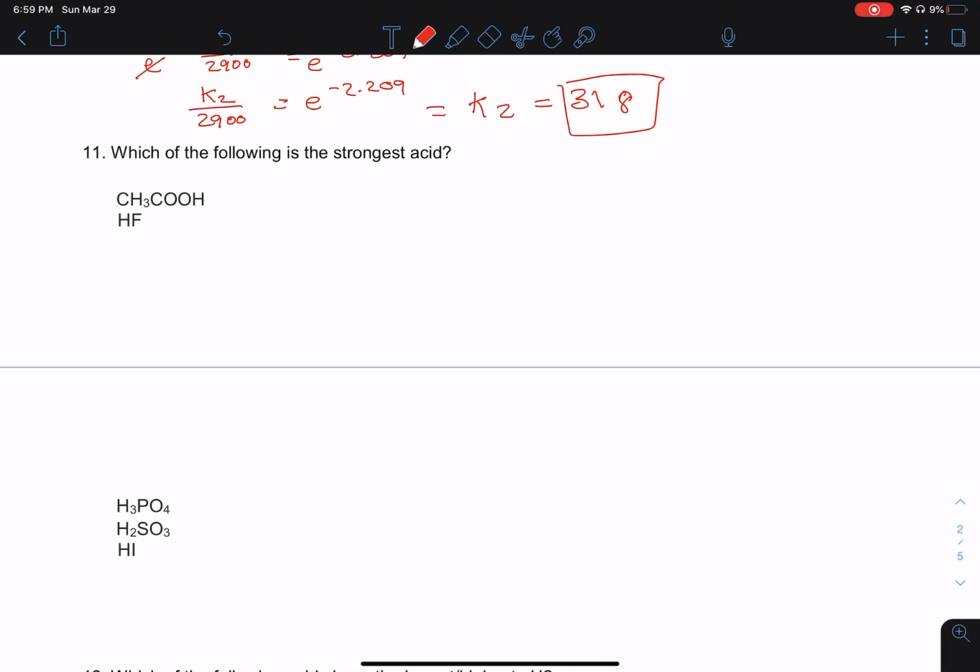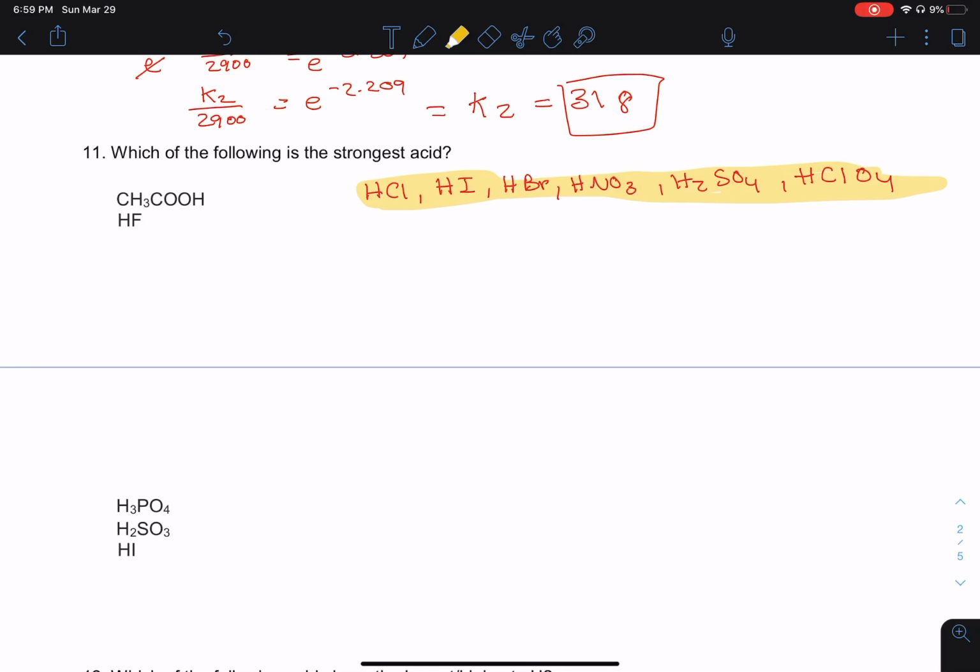We have HCl, HI, HBr, HNO3, H2SO4, and HClO4. So please commit this to memory. You will be asked, if not in this class, many other classes.